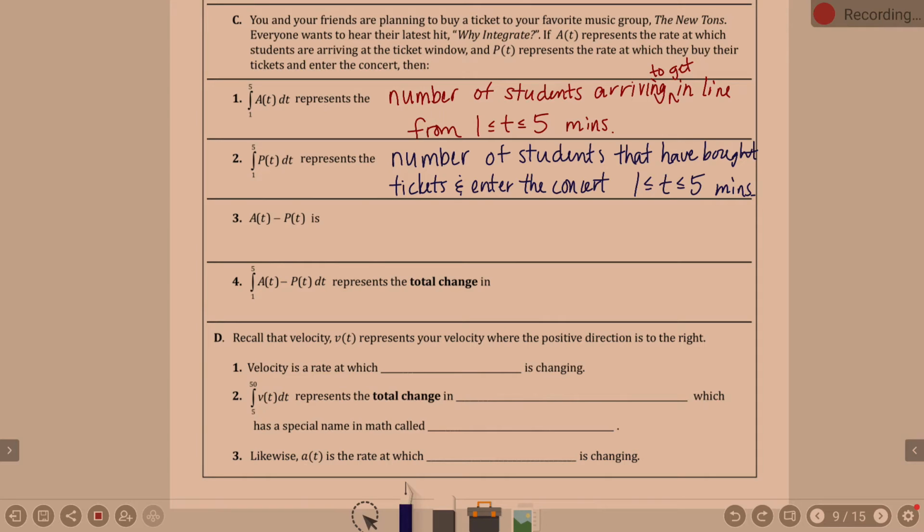So those were both integrals. It's a total change. That one was a change from 1 to 5 of how many students have bought the tickets and entered the concert. A of t was the number of students that have arrived and gotten in line from 1 to 5.